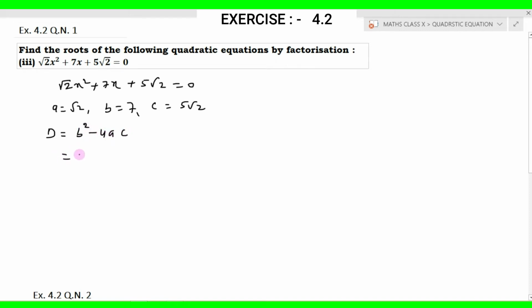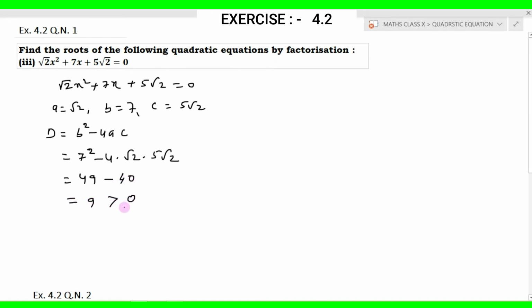So b is 7, square, minus 4 into a, whose value is root 2, and c is 5 root 2. So here we will find 7 7s are 49 minus 5 4s are 20, 20 2s are 40. So this gives you 9.